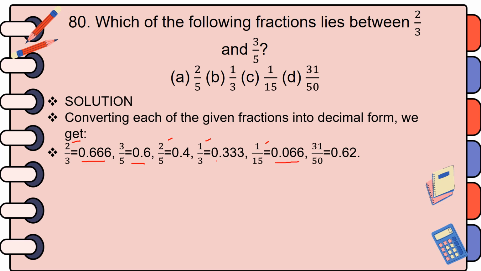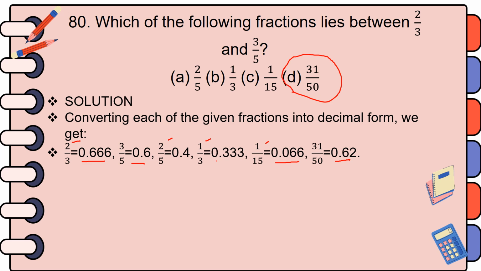Again, it is not in between the two fractions. The last choice, 31 over 50, is equal to 0.62. Now this last fraction is in between the two fractions, 2 over 3 and 3 over 5. So your answer for this question is choice D.